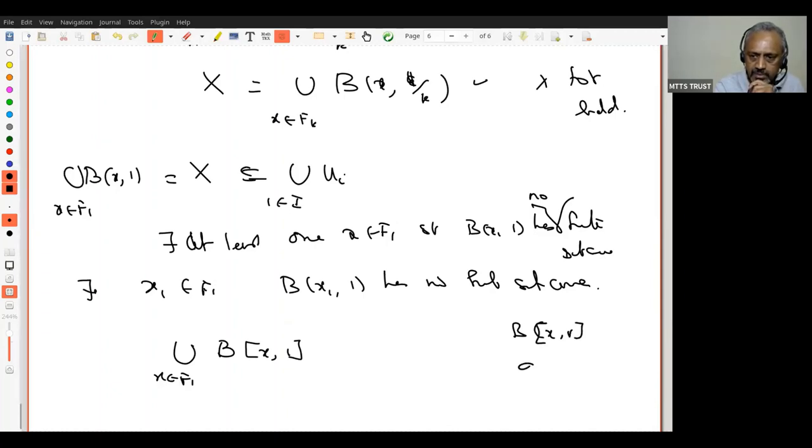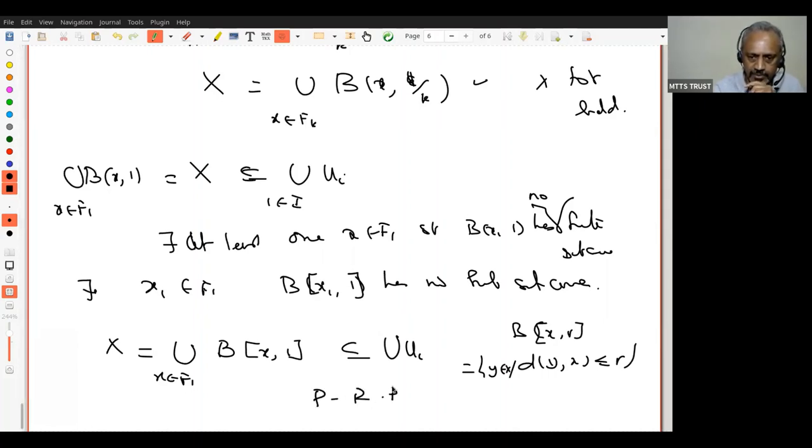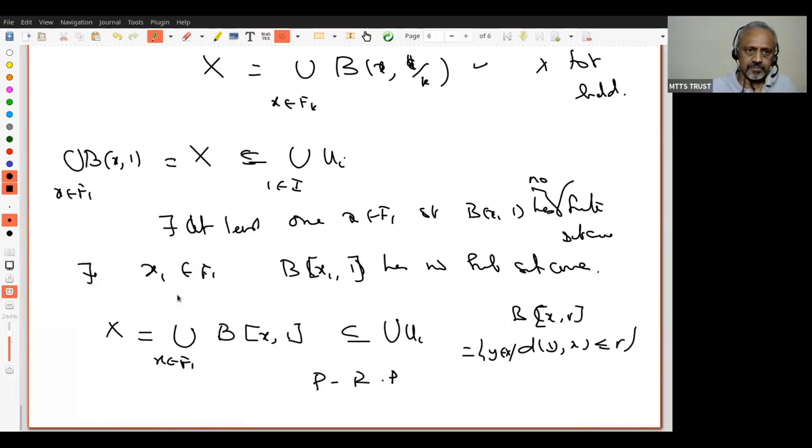This means the set of all y such that the distance from x to y is less than or equal to R. You understand? This is also equal to X, and this is also contained in Ui. Therefore, there is at least one, so I can write it as the closed ball. Are you following me? Pause, review, proceed. If you are having difficulty, please go ahead.